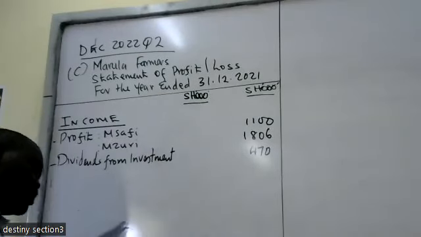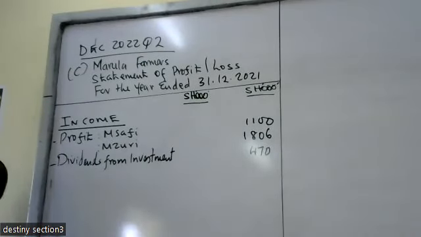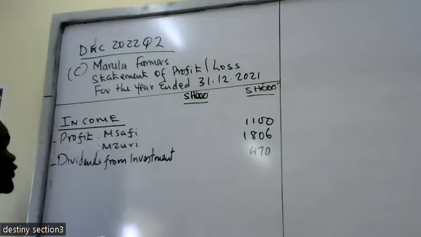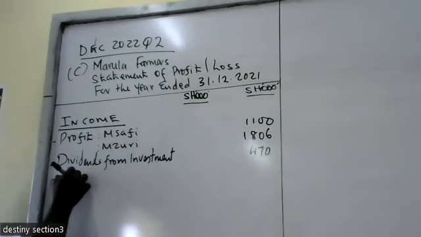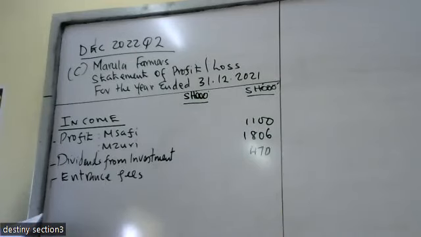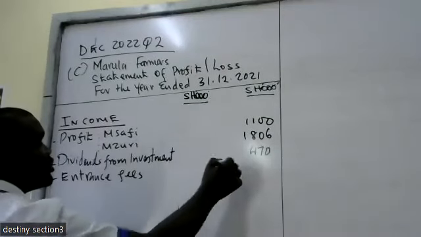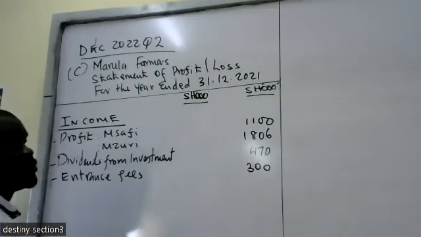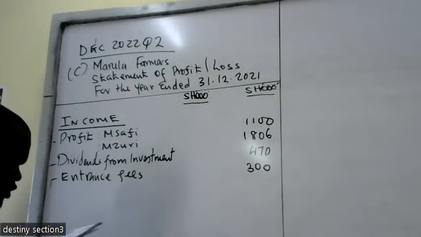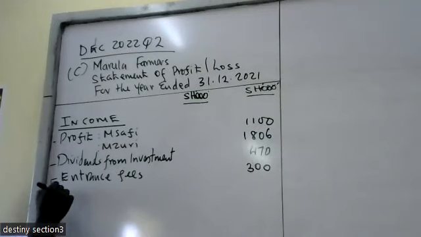470. Accrued rent, no. Sundry, no. Appropriation, no. Revaluation, statutory, no. Entrance fees. So we have entrance fees. How much is this? 300. Then share capital, no. Member sundry, bank overdraft, interest on loans to members.